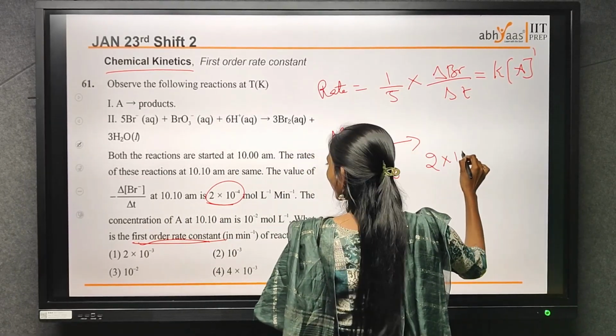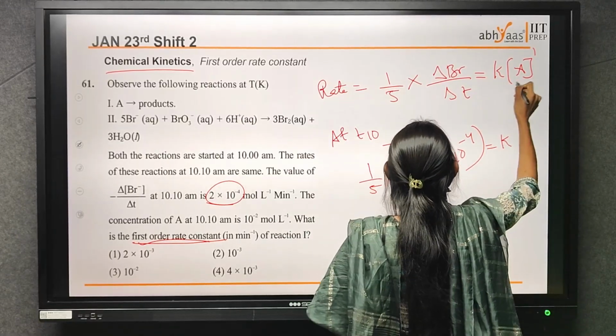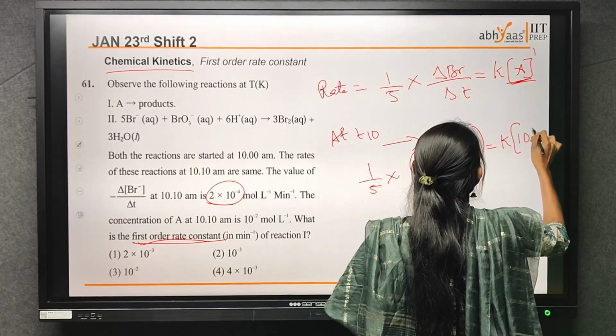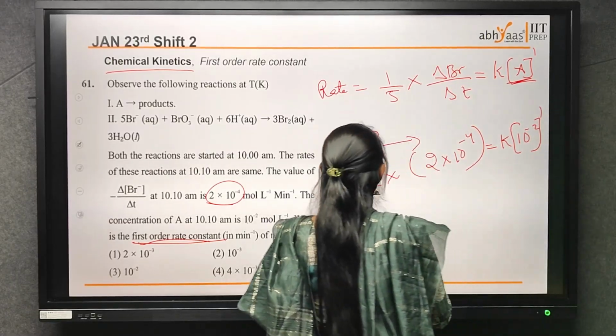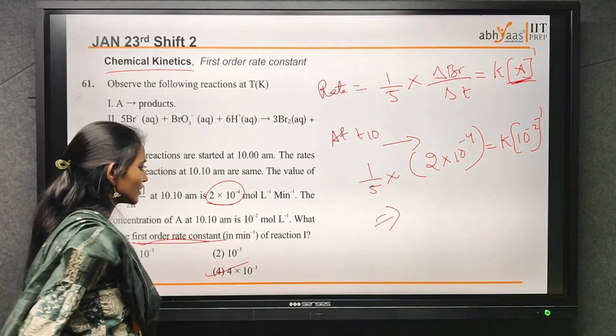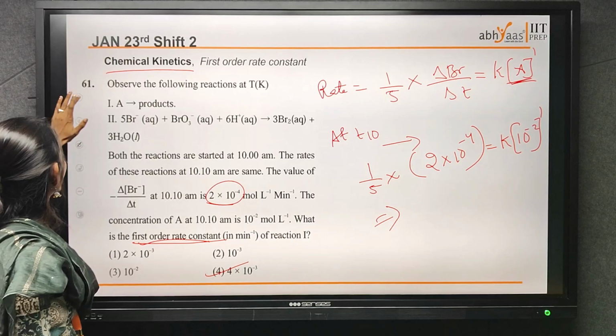This is 2 into 10 to the power of 4, equal to K. They have given the value of the rate constant as well, 10 to the power of -2, right? When you do this calculation, you will get your answer. It is nearly 4 into 10 to the power of 3. So this is your answer. Not that tricky, a moderate question.